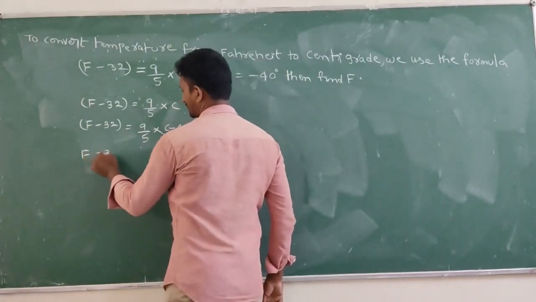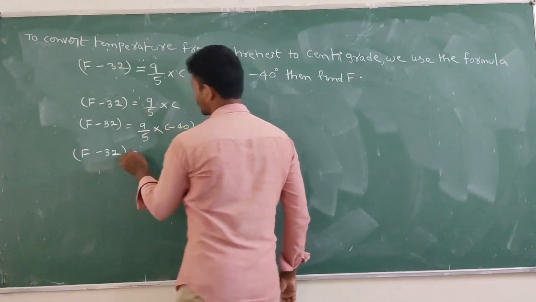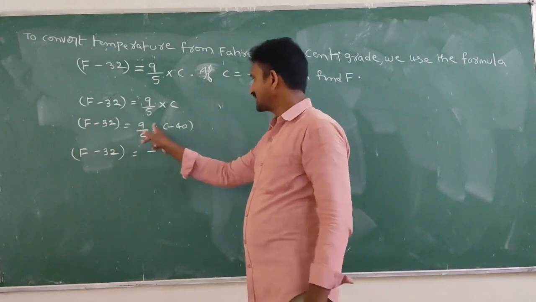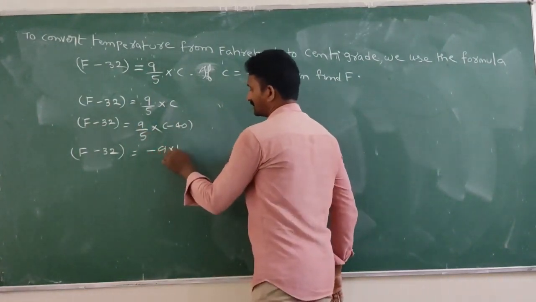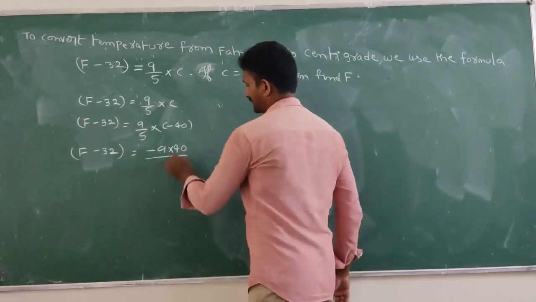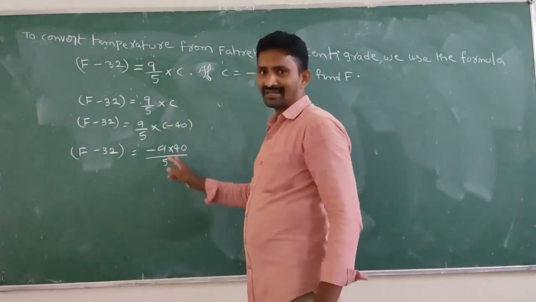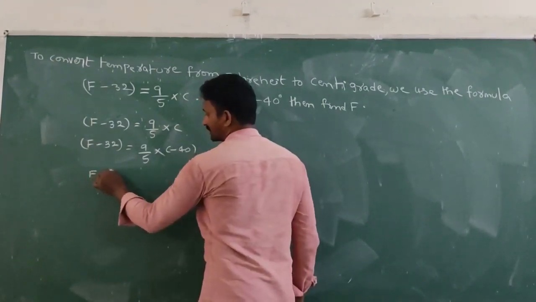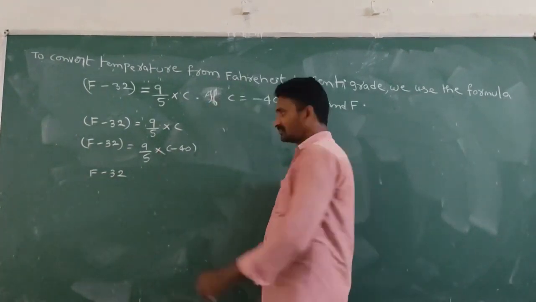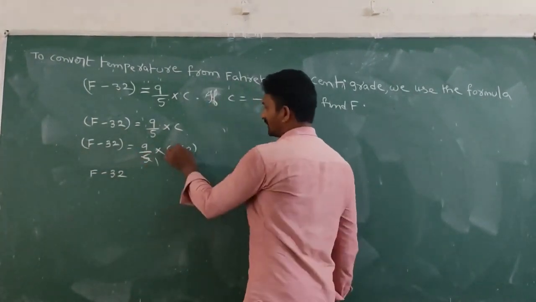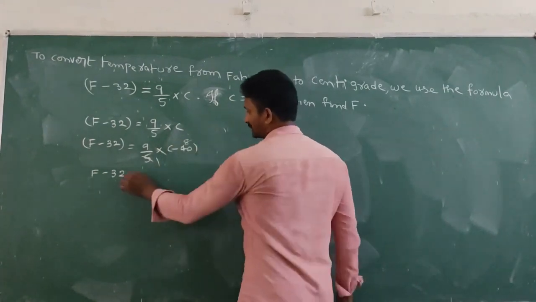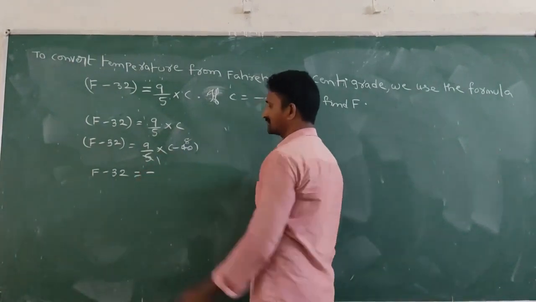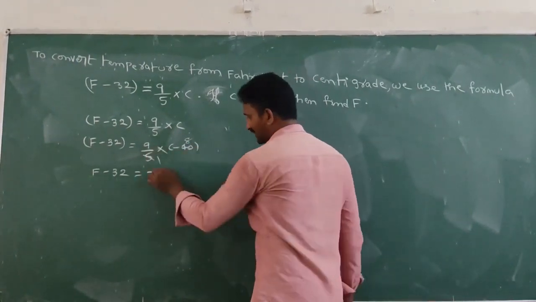F minus 32 equal to 9 into minus 40 by 5. 5 eights are 40, so plus into minus is minus, 9 eights are 72.